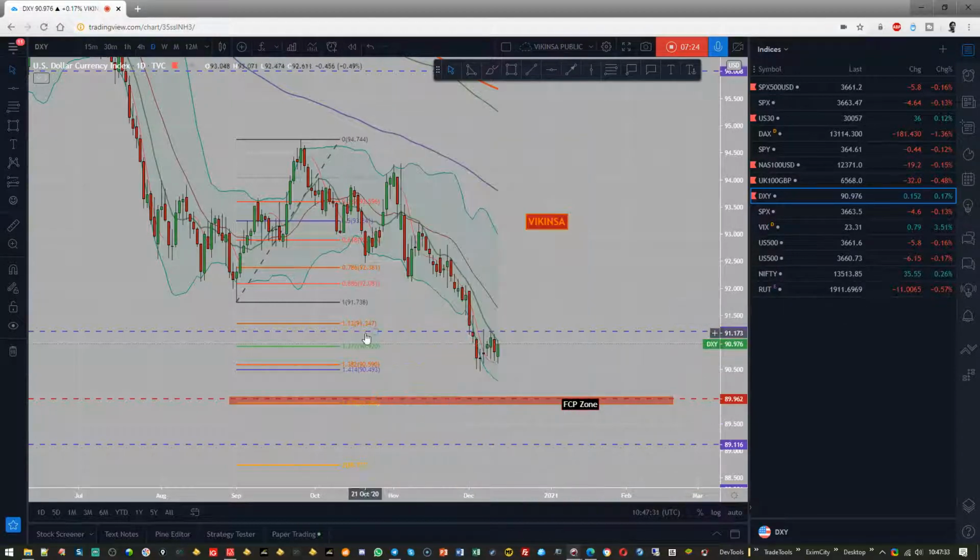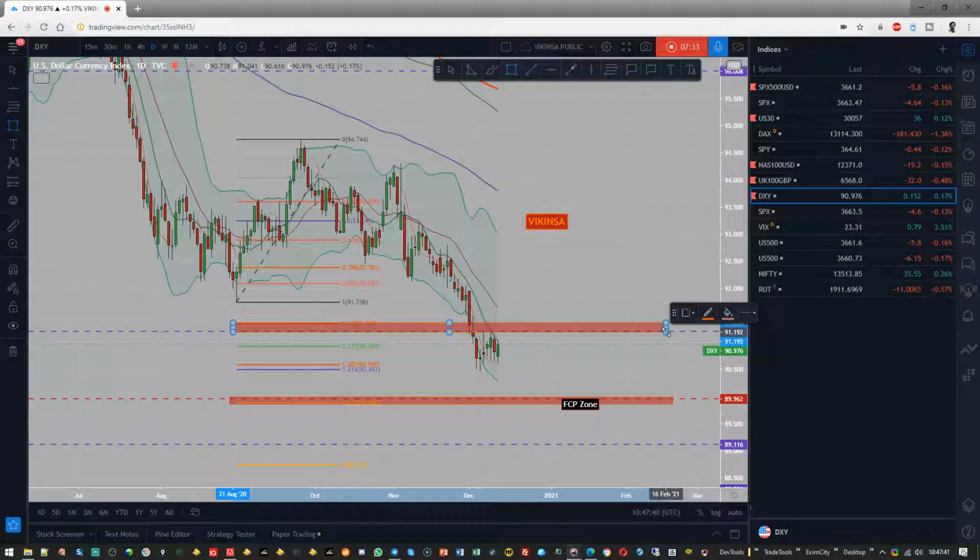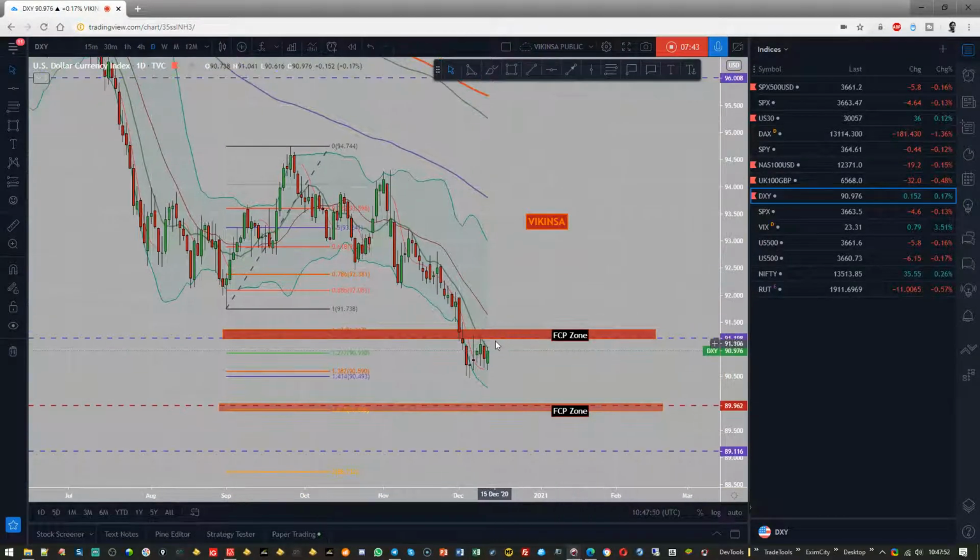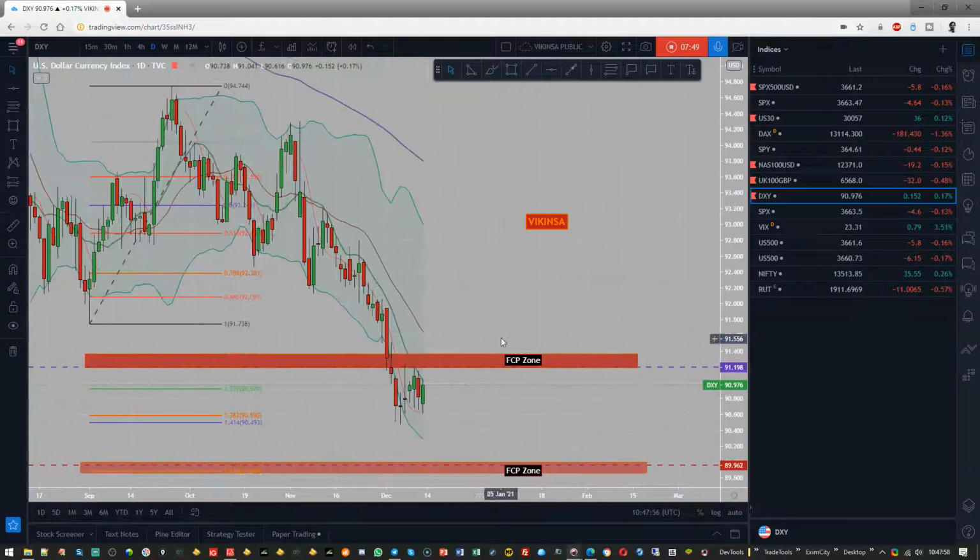Okay, and we had another FCP zone where we are right now, so that was around here. So if the market starts to move upwards, then I will look for a break of this FCP zone, and then go for a long position.